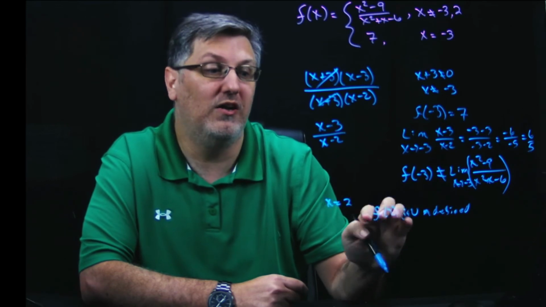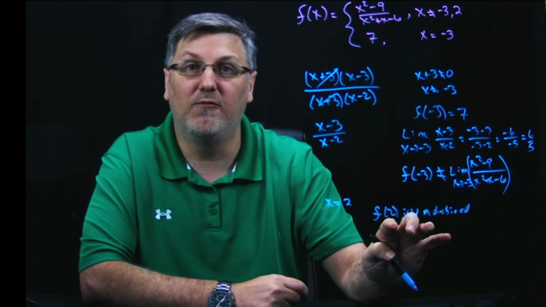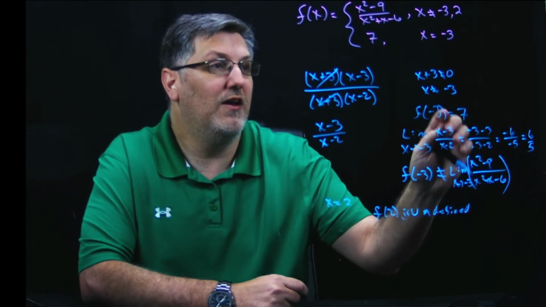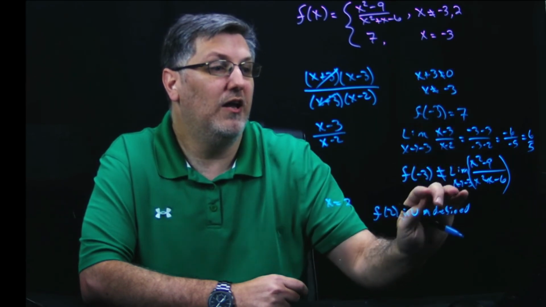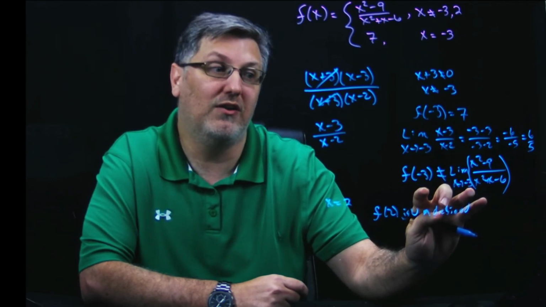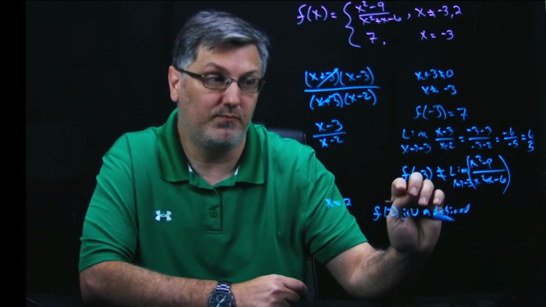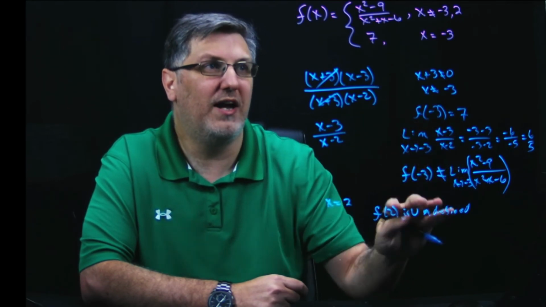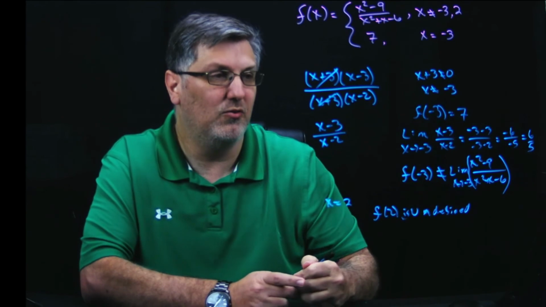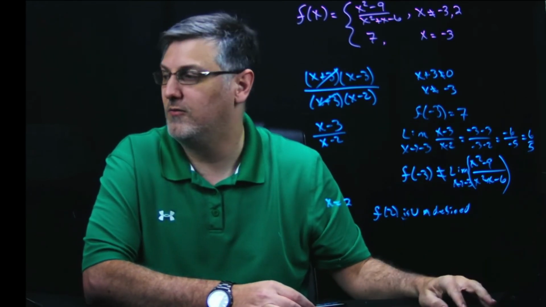The reason is that f of 2 is undefined, so it fails that requirement of the continuity test. And at -3, it fails the part where f of -3 has to equal the limit as x approaches -3 of my function. So that is why we have 2 different points of discontinuity, and the reasons.